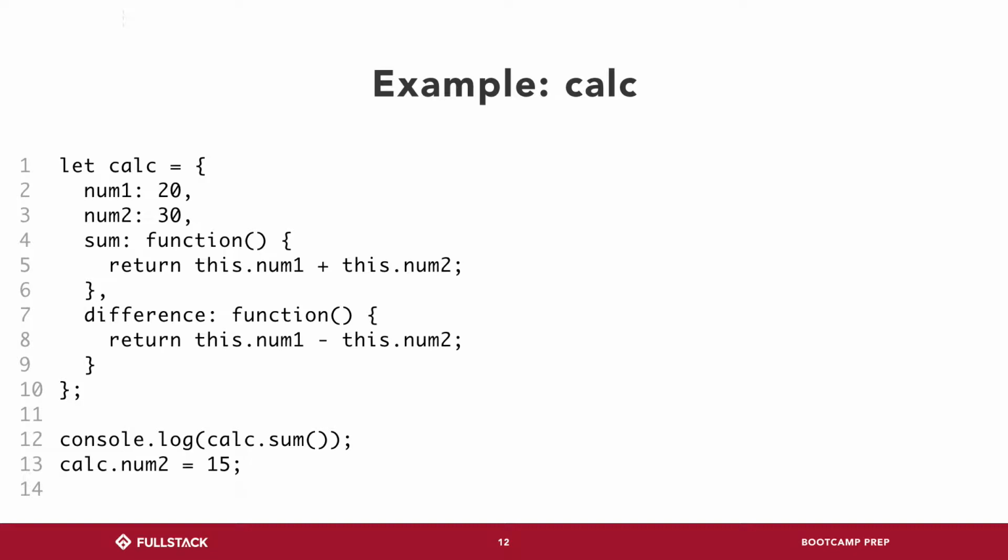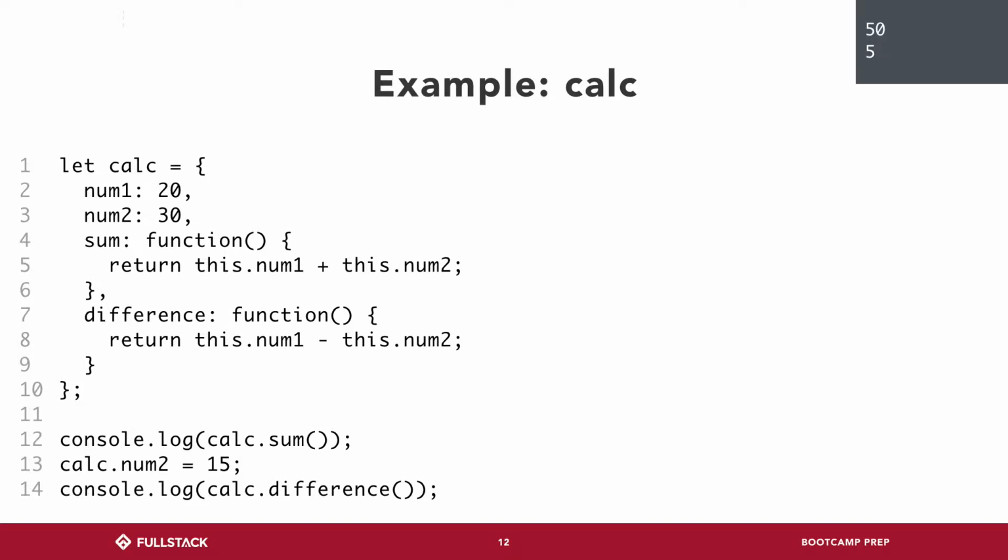And then what about if I reassigned that property and then called the function calc.difference? I heard the right answer. So yeah, num1 is 20. Yep. 15.5.